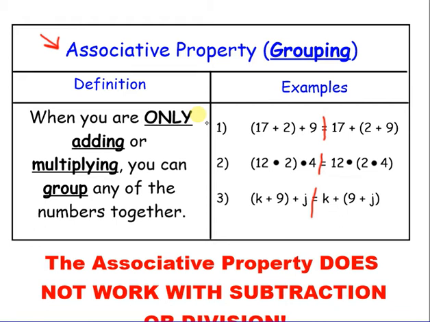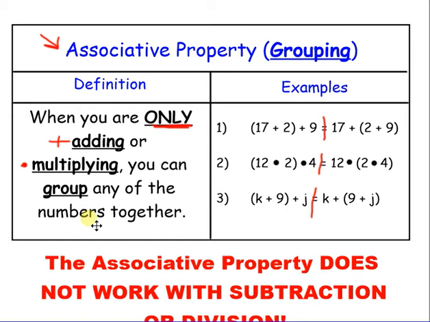So the definition is when you are only adding or multiplying, you can group any of the numbers together, which means that you can move the order around as long as all you're doing is adding something together and all you're doing is multiplying something together. Okay, so you can move the parentheses around in any order.